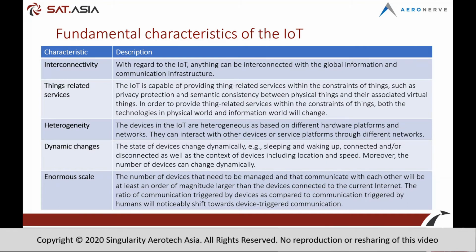The second characteristic is things-related services. IoT must be capable of providing related services within the constraints of the things. For example, privacy protection, semantic consistency between physical things and their associated virtual things.